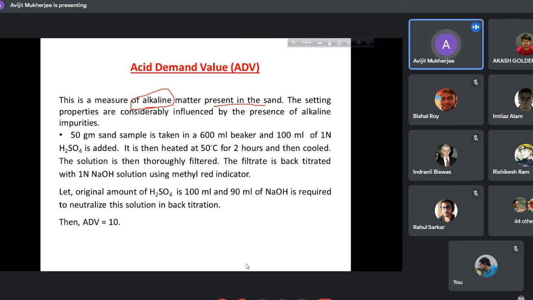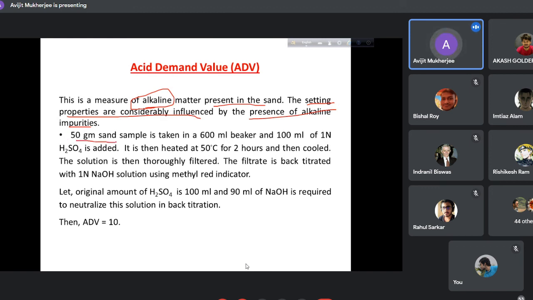Now alkaline matter, how can it be measured? The setting property is considerably influenced by the presence of alkaline impurities, not the porosity but the setting property. So how is it measured?